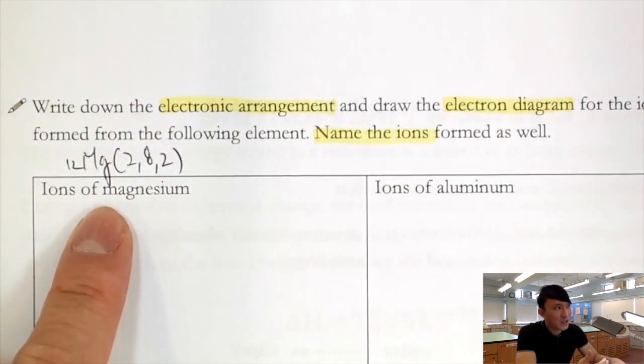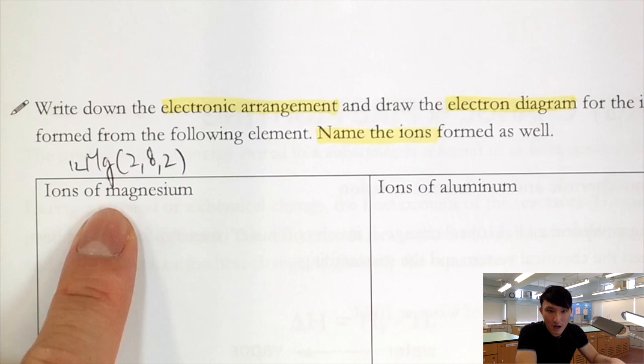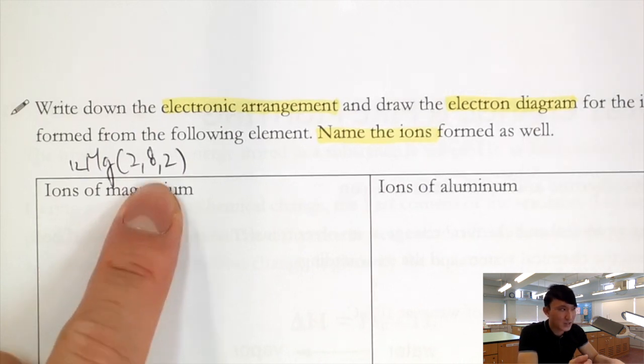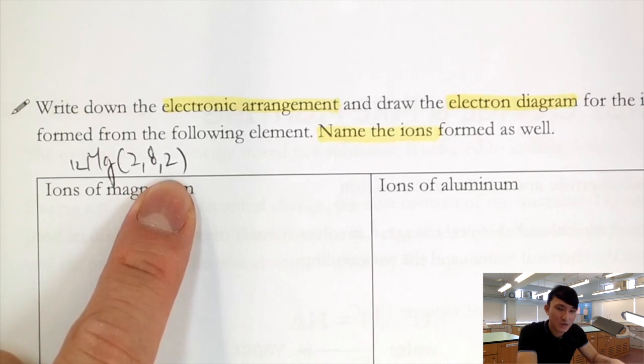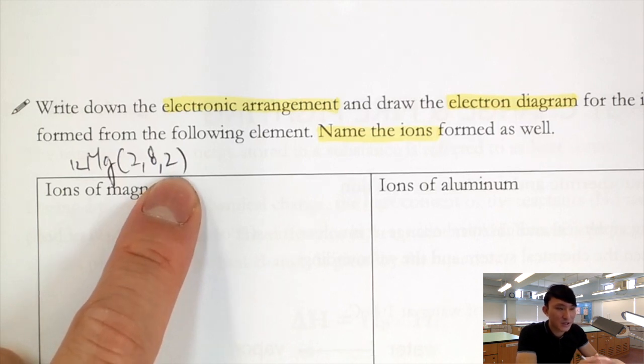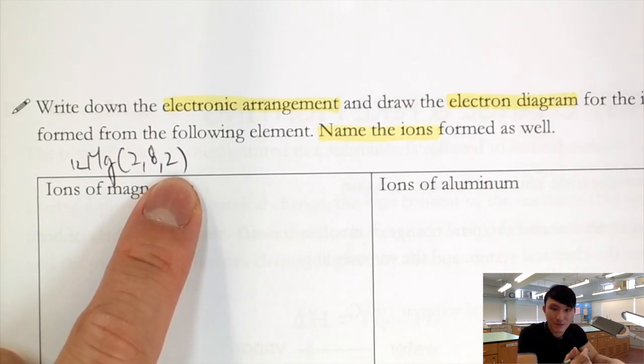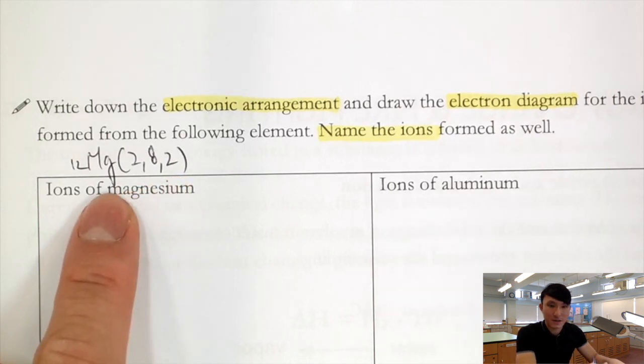Now it is going to form an ion, so it is going to have an octet structure. Does it prefer losing electrons or gaining electrons? Of course it will prefer losing electrons, because only by losing electrons can it become octet structure. Also, magnesium is a metal.